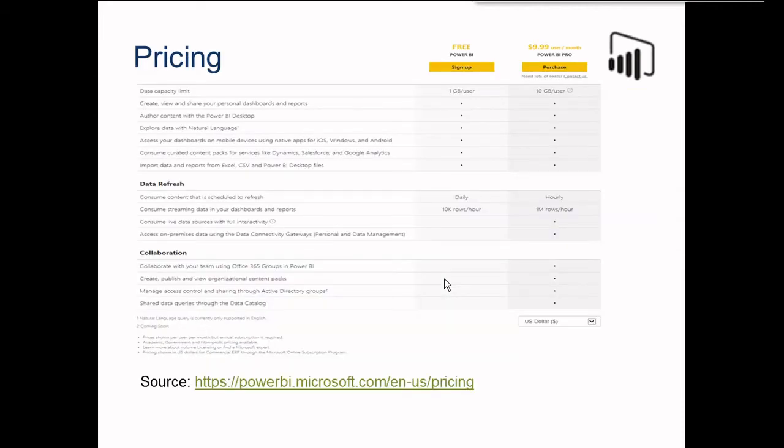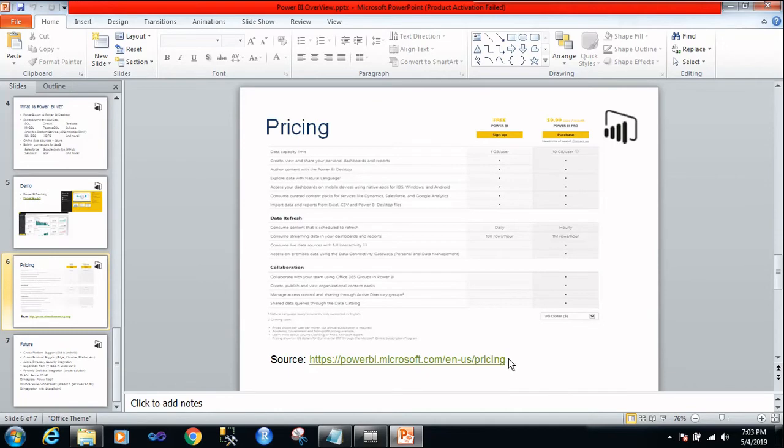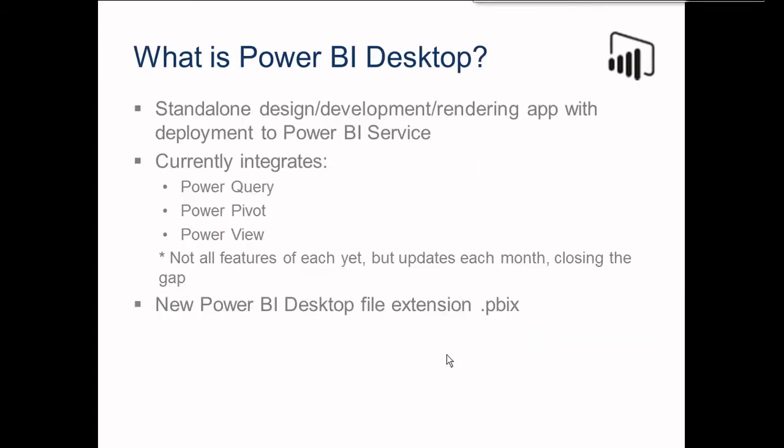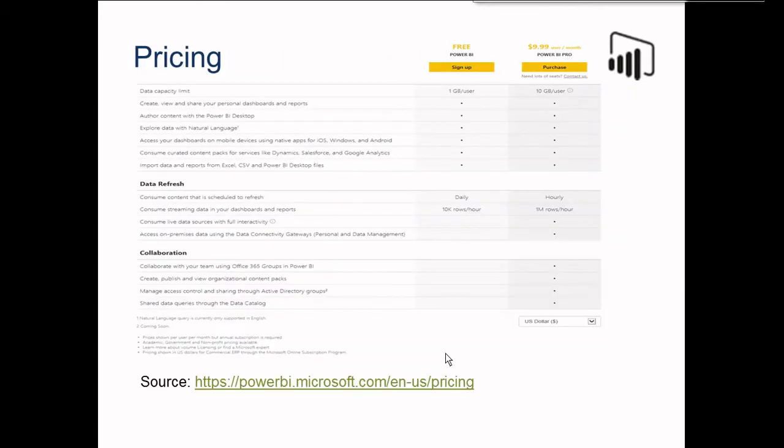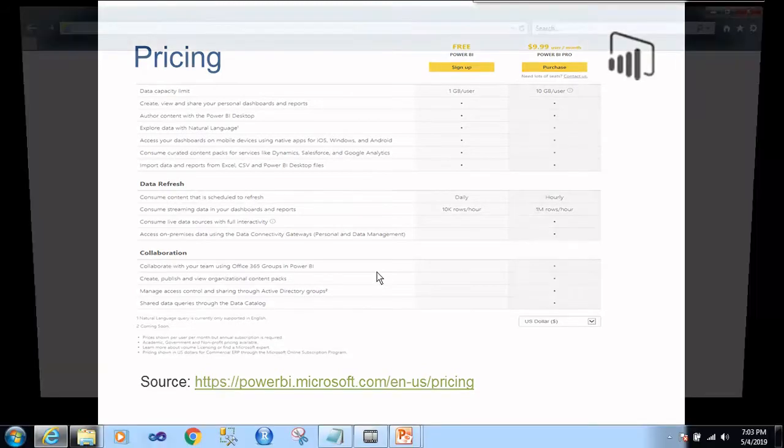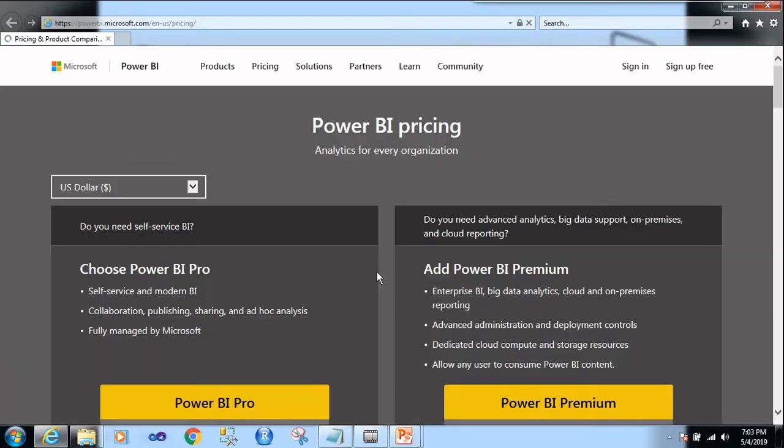These are the pricing details you should know before going into it. What are the prices of Power BI? Let's go to the pricing tab. Guys, this is Power BI pricing.